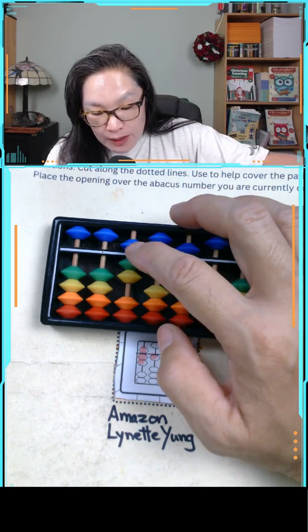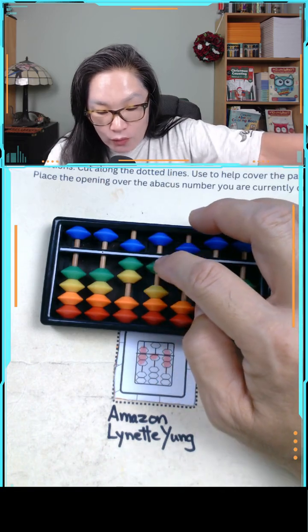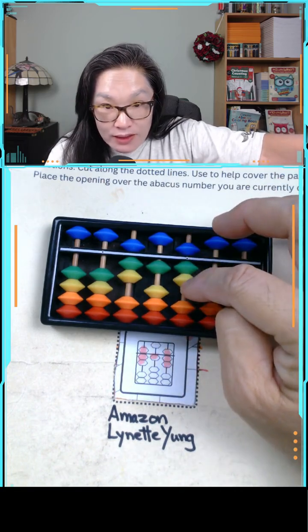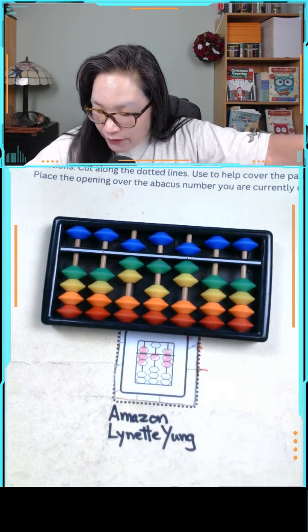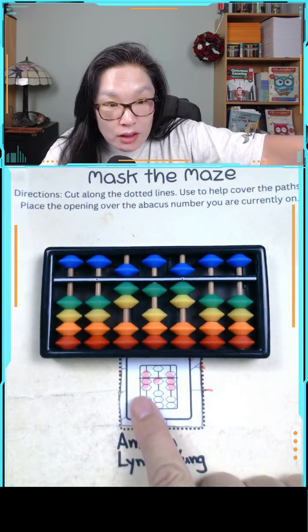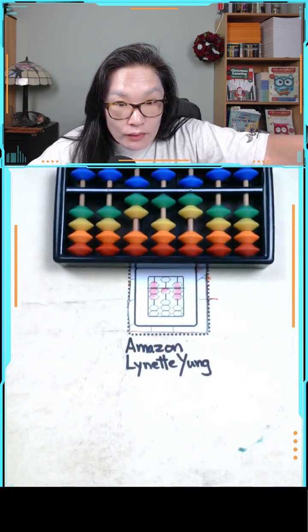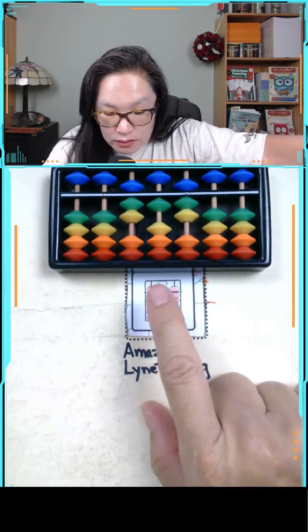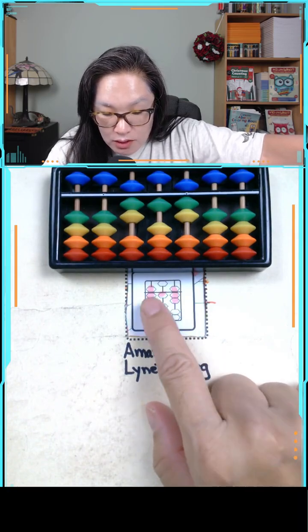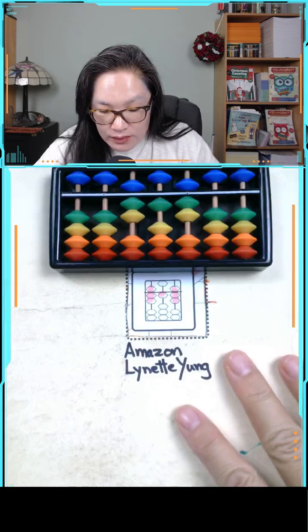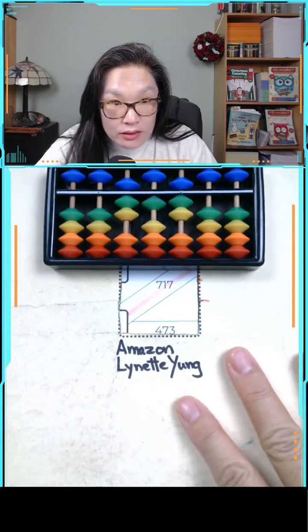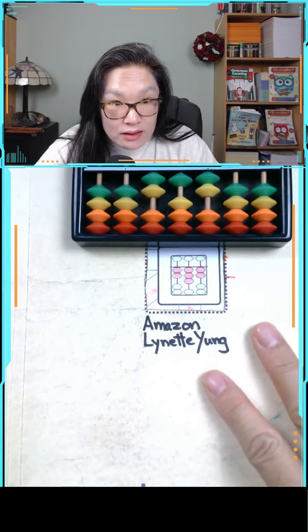We have 5 plus 2 is equal to 7. We have 1, and then 5 plus 2 is equal to 7. There we go. So my final answer would be 717. That's what that would look like. And then we have our next number.